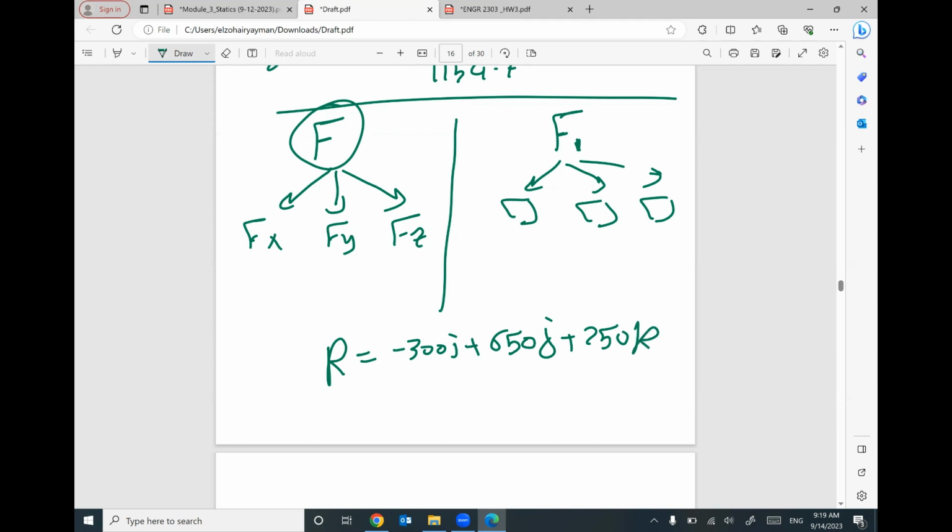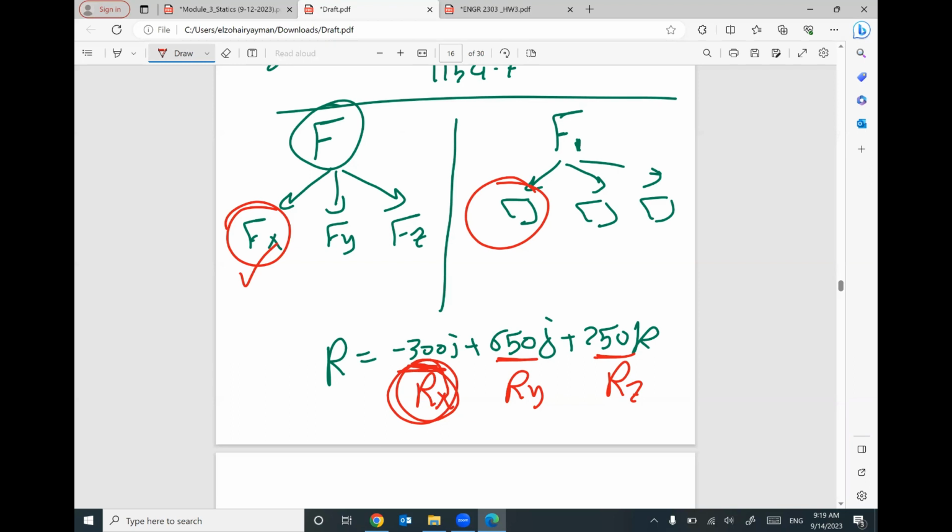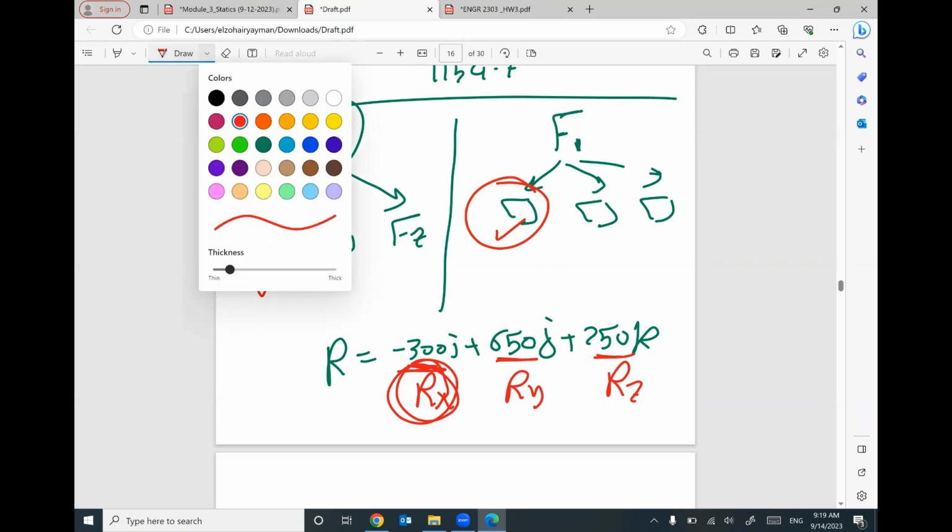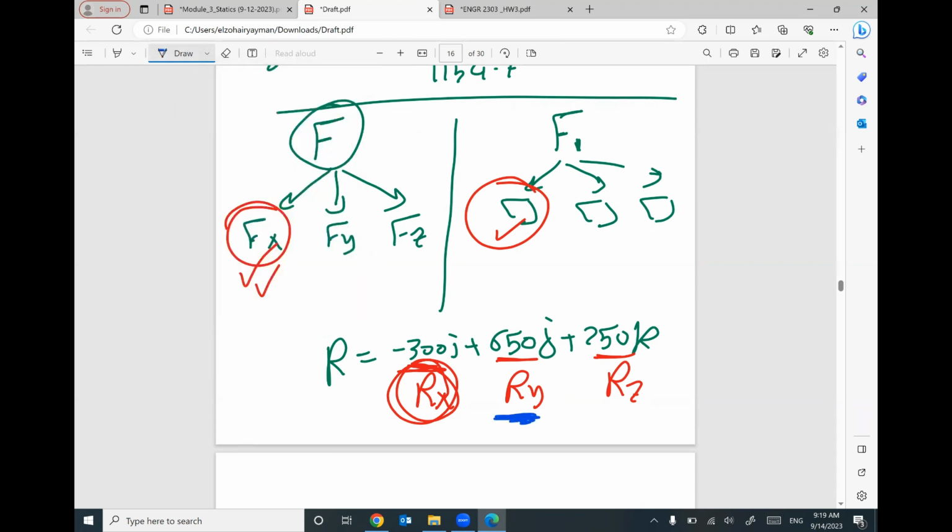That means this one is Rx, this one is Ry, this one is Rz. Keep in mind, Rx originally equals this component plus this component. So this component plus this one equals negative 300, and I can figure out the missing one. Also, Ry equals this component plus this component, so this one plus this one equals 650.